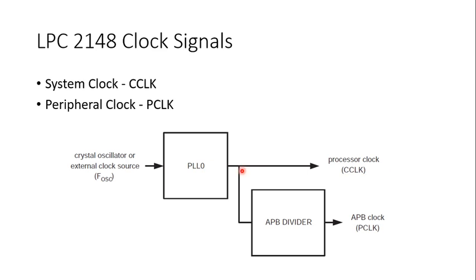The processor clock is given as input to the APB divider, whose output is considered as PCLK, which will be given to the peripherals. So the APB divider generates PCLK. In programming, sometimes it is referred to as the VPB divider. Okay, so both are the same.